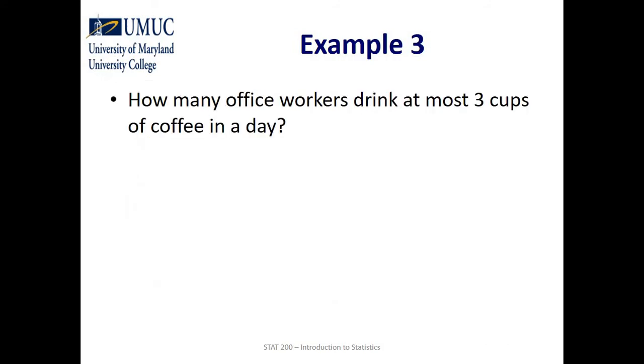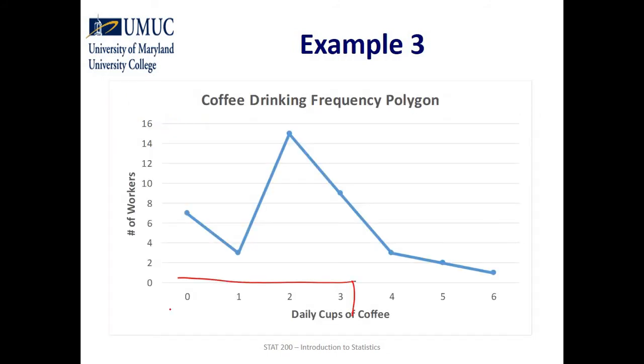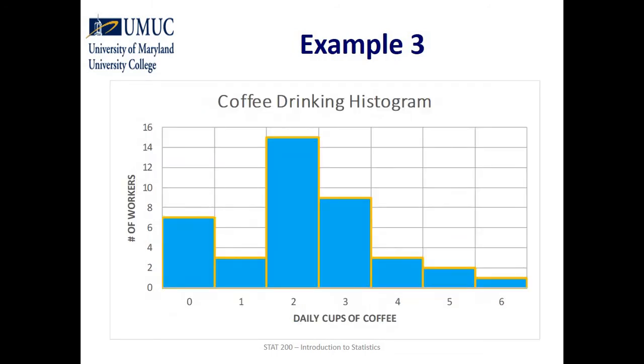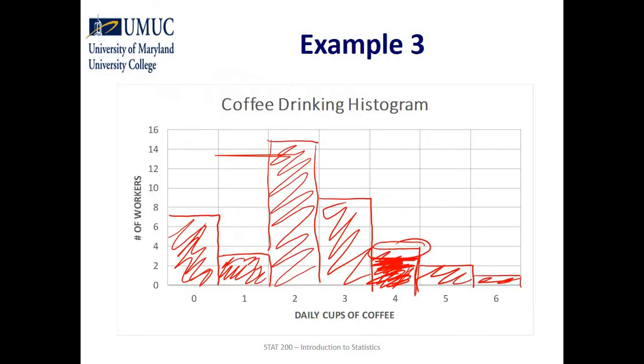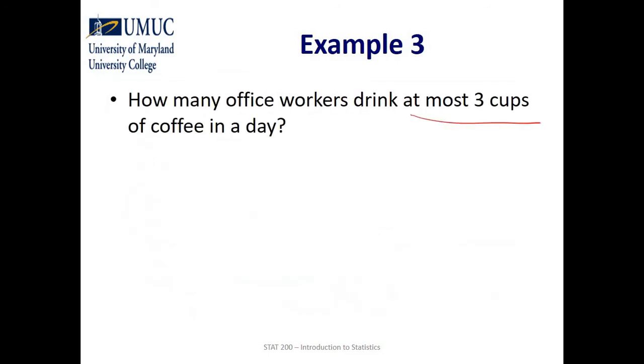Now, how many office workers drink at most 3 cups of coffee a day? So at most, then down here. So 0, 1, 2, or 3. Well, it's probably easiest to look at it from our table here. So we have these people here. 7 plus 3 plus 15 plus 9.